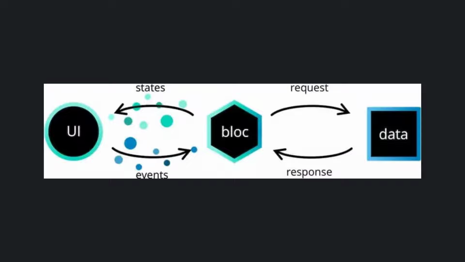In this image, we can see how to separate the UI part from the data part. The bloc is placed in the middle of the application, and widgets communicate with the bloc through events. For example, the weather button says, "Hey bloc, I want you to tell me the weather of the city entered by the user. Get the name of the city and give me its data."